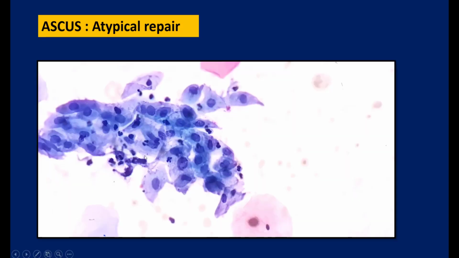Again, a shoal of fish appears in some disarray, and some of the cells show some degree of hyperchromasia, not all of them. Some might say that this is enough to call it a high-grade cell with a repair pattern, but I would rather call it an atypical repair. An atypical repair, as I have discussed in the previous talk, corresponds to ASCUS.